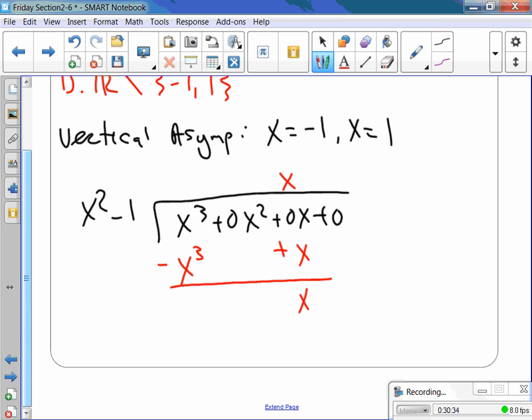Stick to what you first said. Because now what do I have here? First degree. And my divisor is what? Second degree. So again, once my divisor is a larger degree than what we have left, that is my remainder. Because now I just have x.